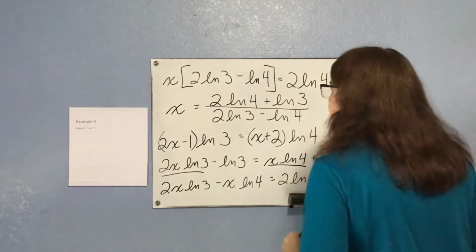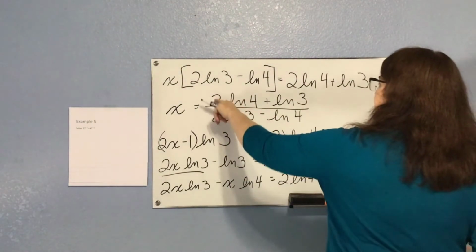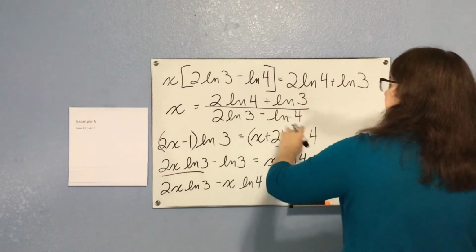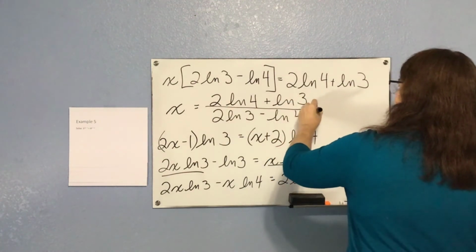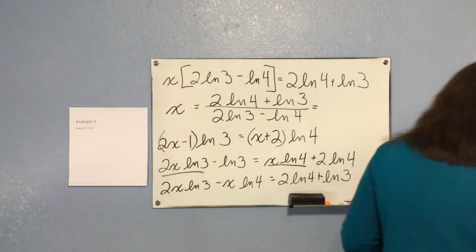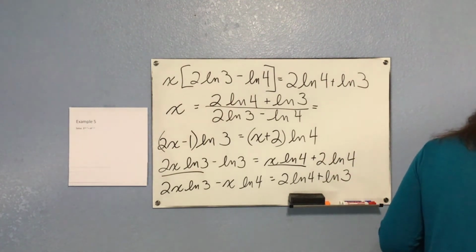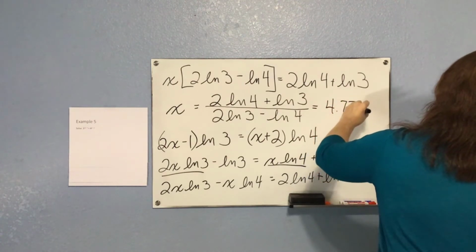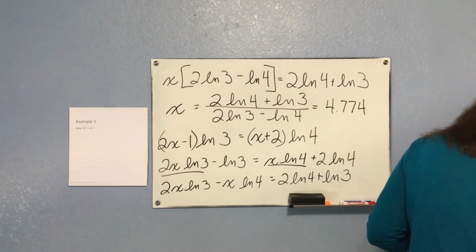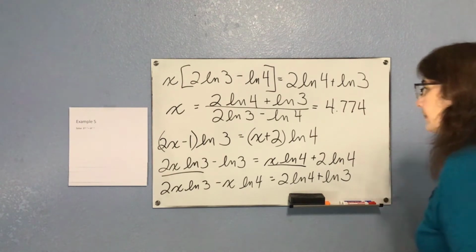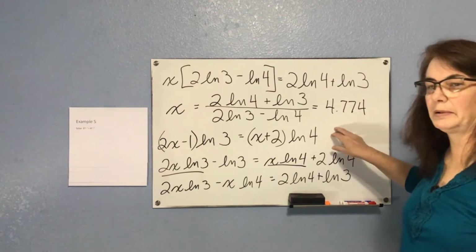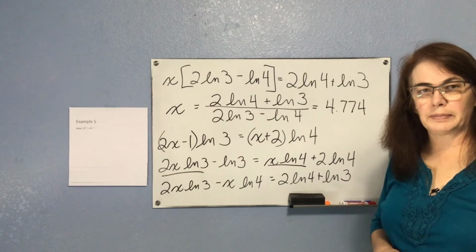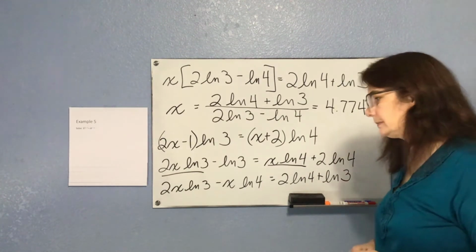Now be careful, you cannot cancel out these 2's because the 2 does not apply to these terms over here. So I'm just going to have to put this in the calculator. And I get an answer approximately 4.774. You have some problems similar to this in checkpoint 5. Stop the video now and work on those.